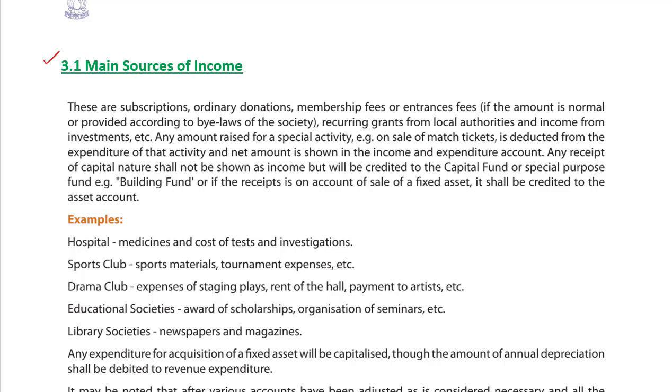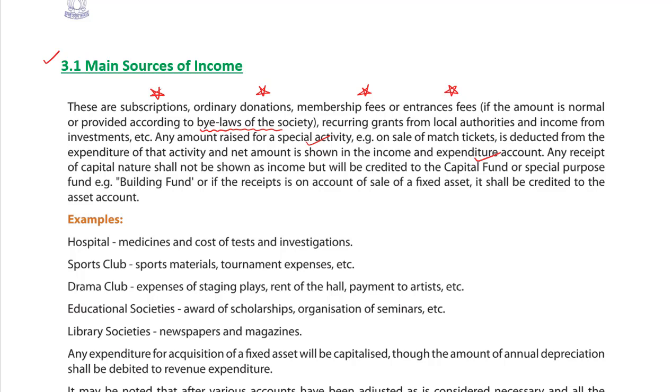These are subscriptions, ordinary donations, membership fees, entrance fees, if the amount is normal or provided according to bylaws of the society, recurring grants from local authorities and income from investment, etc. Any amount raised for a special activity, for example, on sale of match tickets, is deducted from the expenditure of the activity and the net amount is shown in the income and expenditure account.